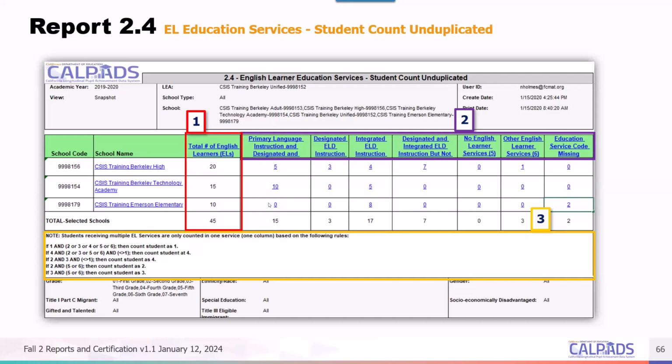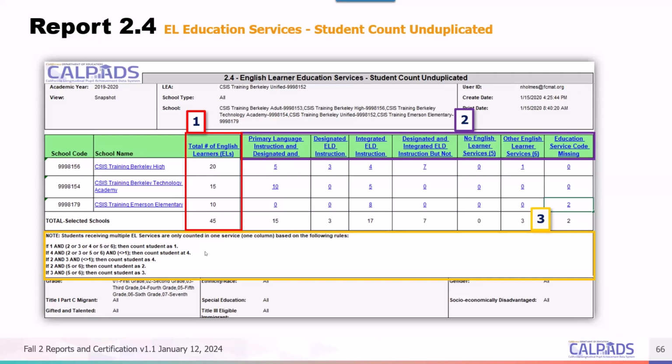What that means, if the student has at least one course that's providing education service code 1, that would be primary language of instruction, in any combination of 2, 3, 4, or 5, or 6, they're going to be counted as 1. They're not going to be represented in any of these other columns. That's because primary language of instruction is at the top of the hierarchy.